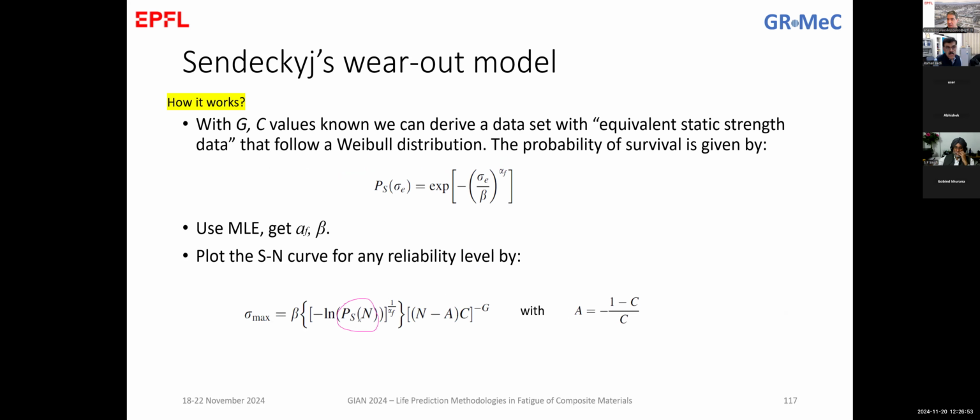If you put 50% here, you estimate the median curve, the black line that we've seen before. If you put 0.95 in this case, you will plot the SN curve for 95% reliability. So this is how this model works.